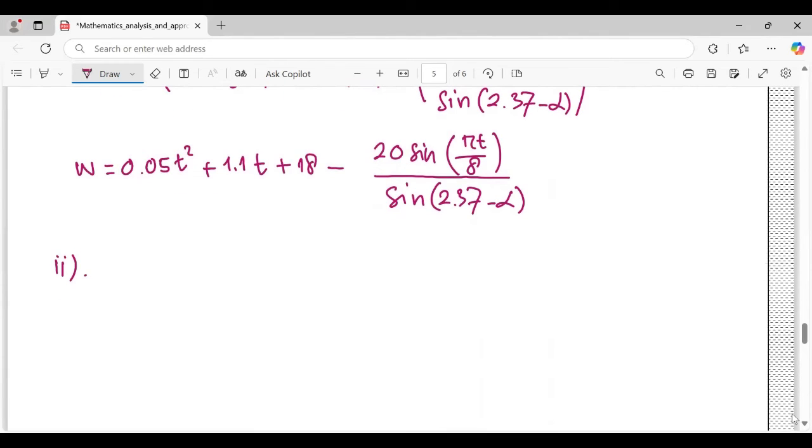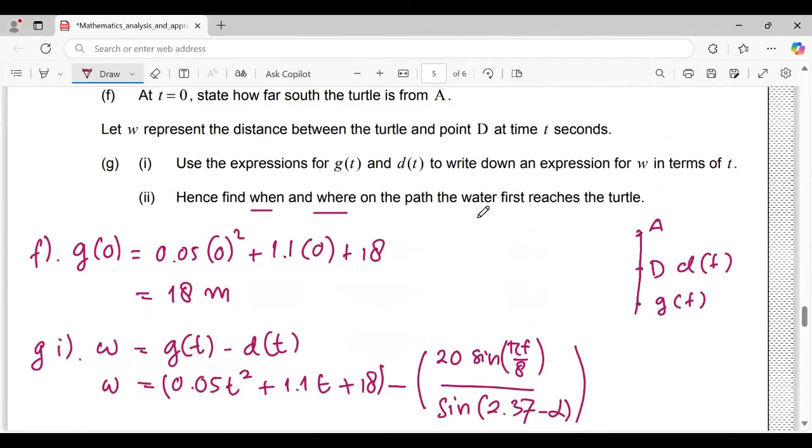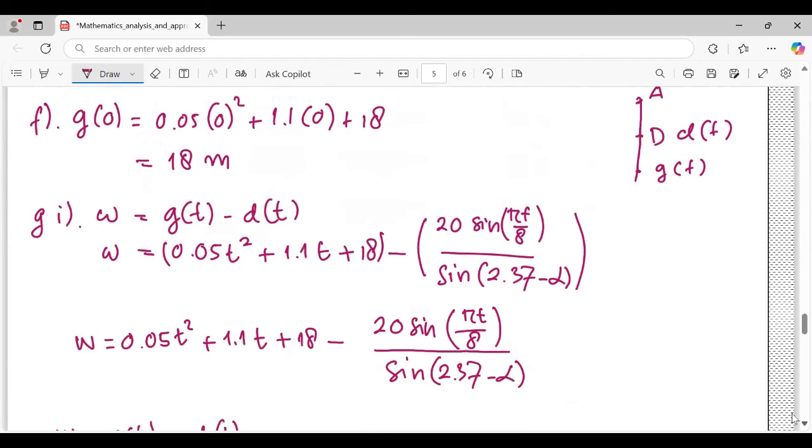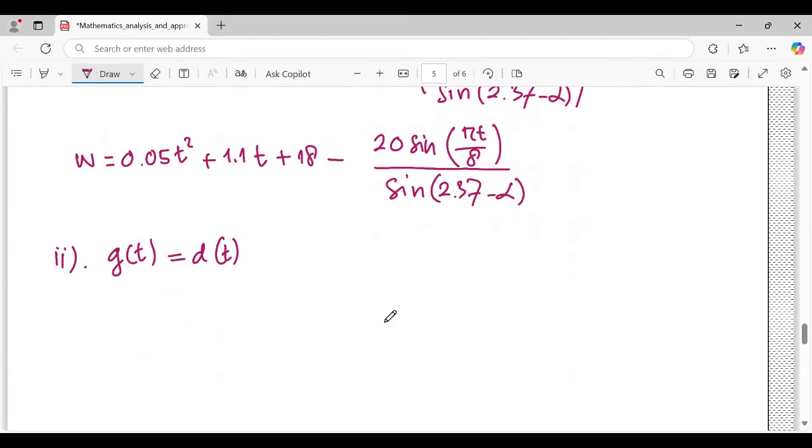It means gt equals dt. The water reaches the turtle when gt equals dt.